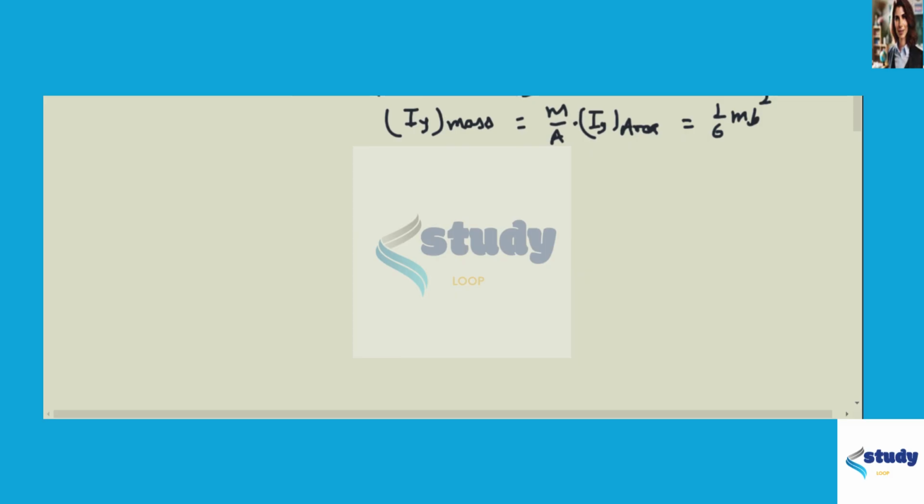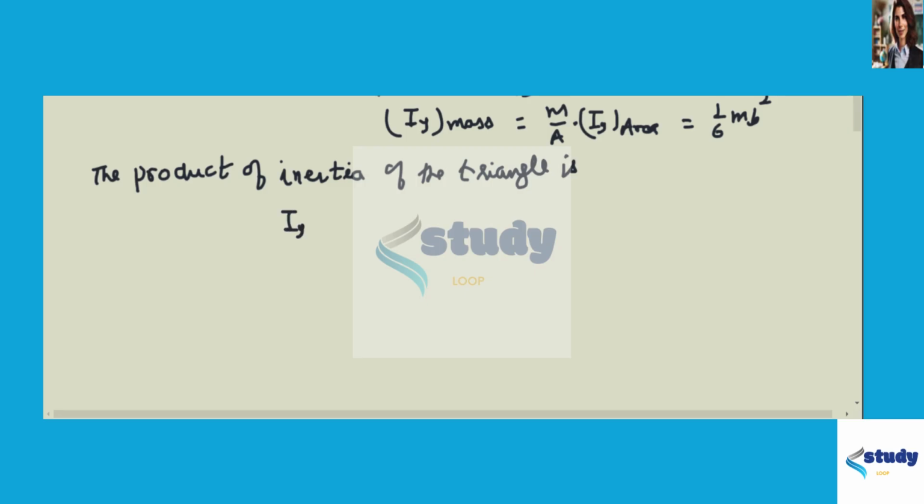The product of inertia of the triangle, Ixy by area, is 1 by 24 b square h square.